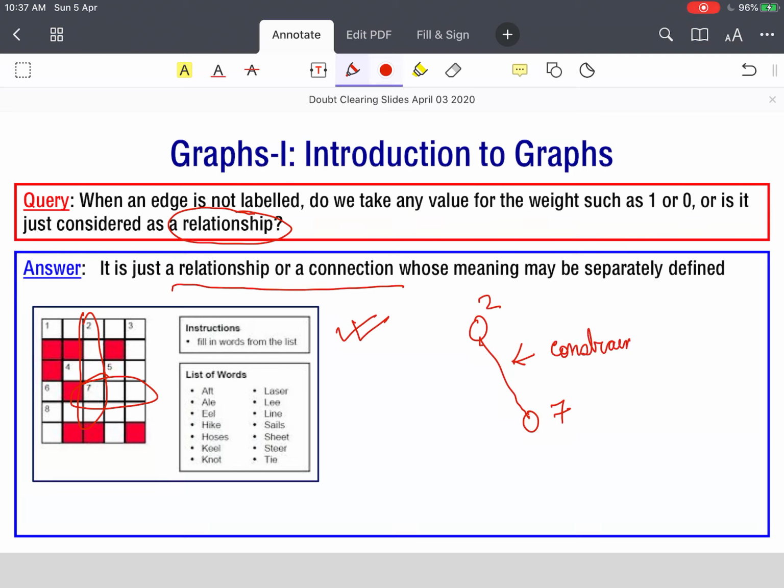This edge does not have any weight. It just expresses the constraint that the fourth element of 2 and the first element of 1 must be the same letter. So here is a constraint. On the other hand, if these were cities, this could have just been saying that there is a road.